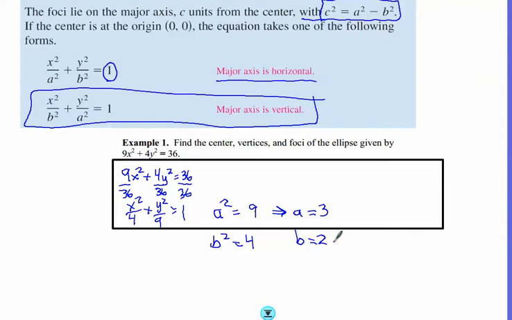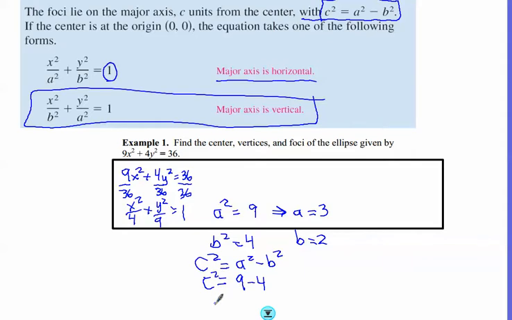We also need to figure out where the foci are, so we're going to use the relationship from above that c squared equals a squared minus b squared. We just had those two values, so it's simply 9 minus 4 equals c squared.